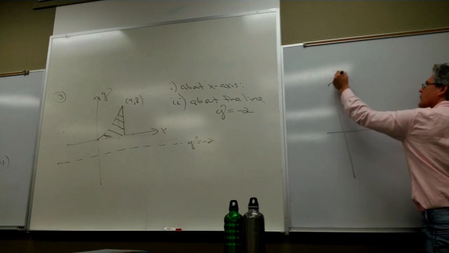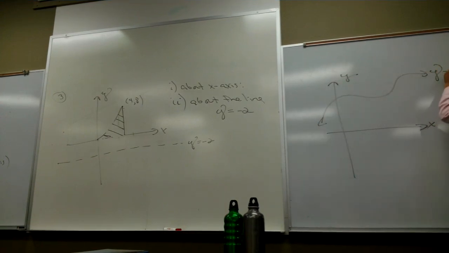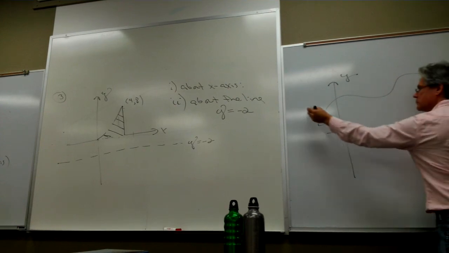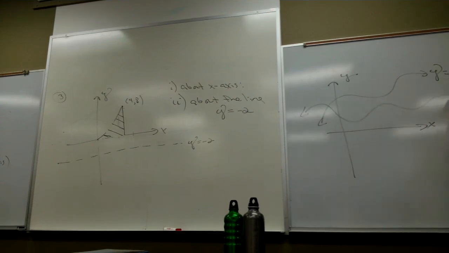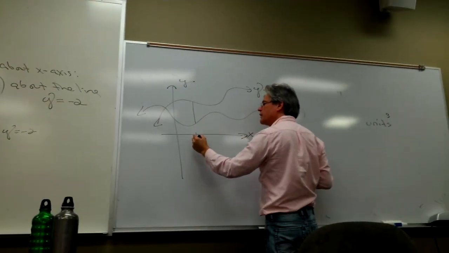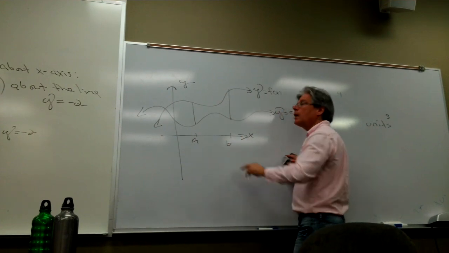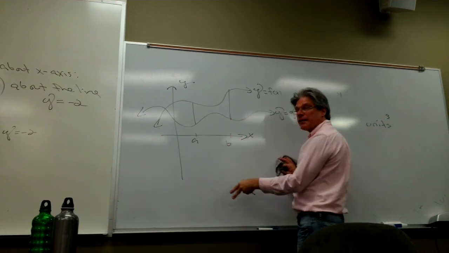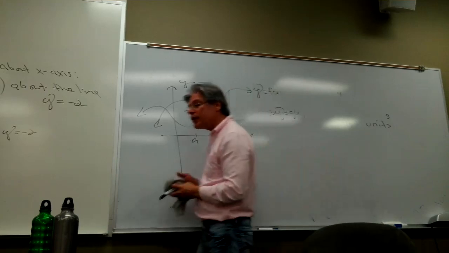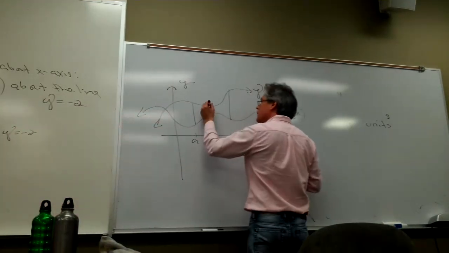X-axis, y-axis. Y equals f of x. Y equals g of x. If I were to look at the region in between these two curves as x ranges from a to b, and revolve that region about the x-axis, then one of the rectangles I'll be taking into consideration is this one right here.